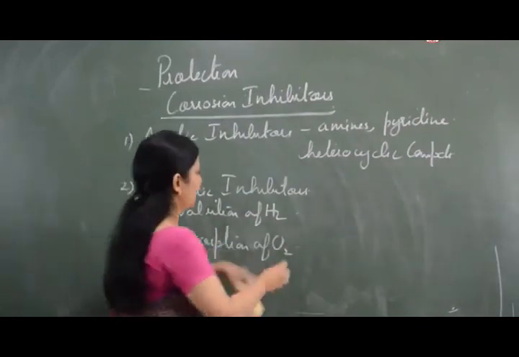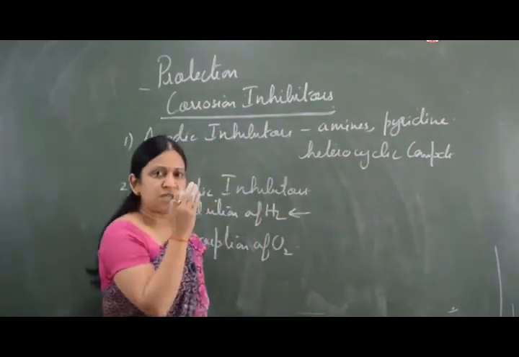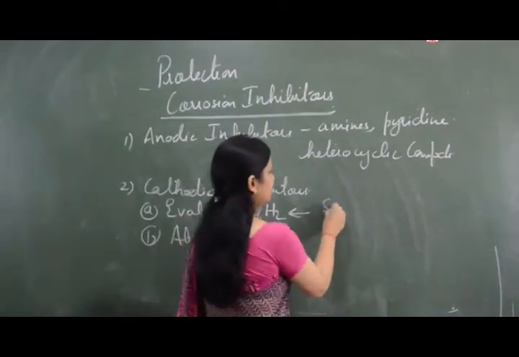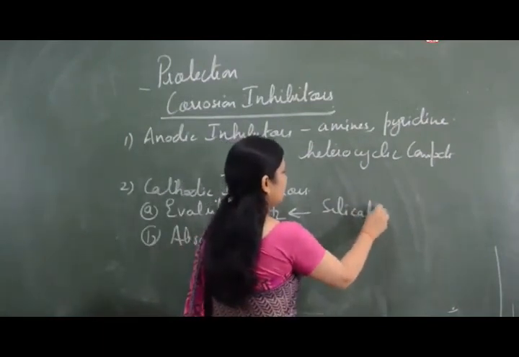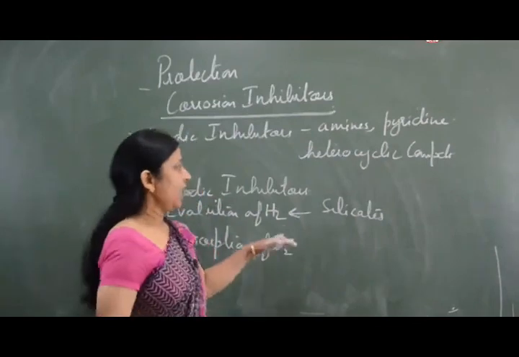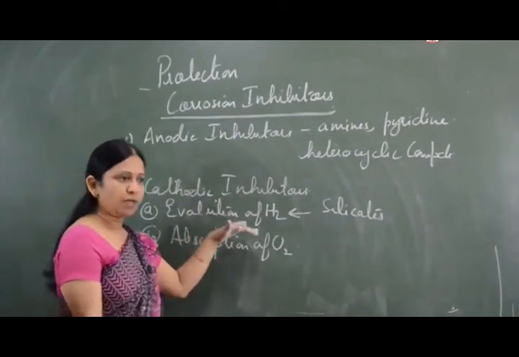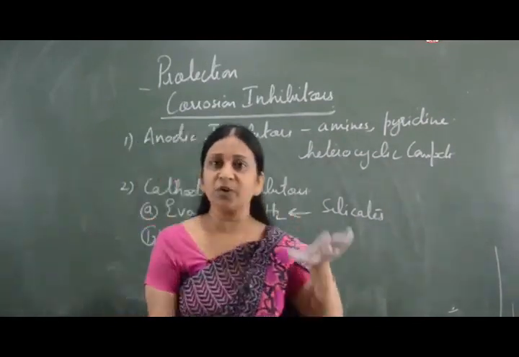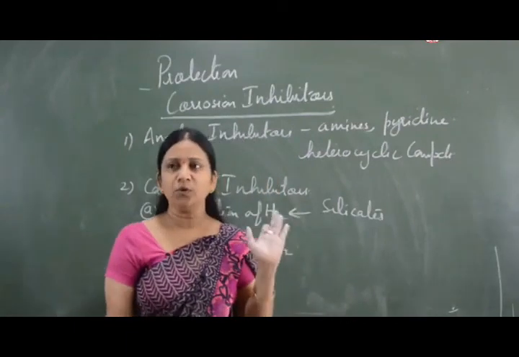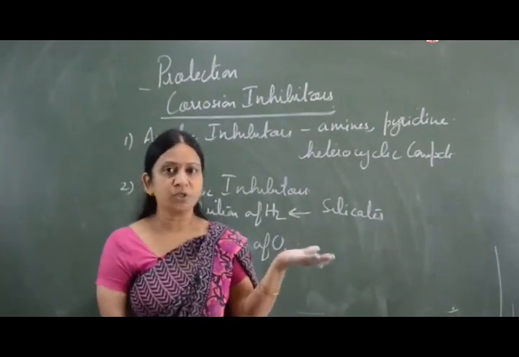What we do here is we add substances like silicates or phosphates. If we add silicates and phosphates, the evolution of hydrogen is decreased.